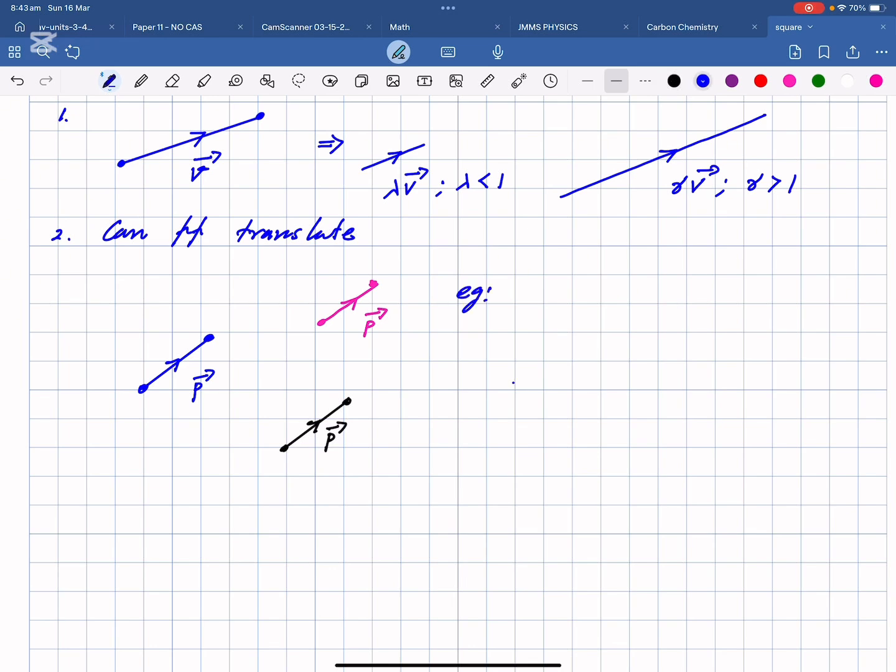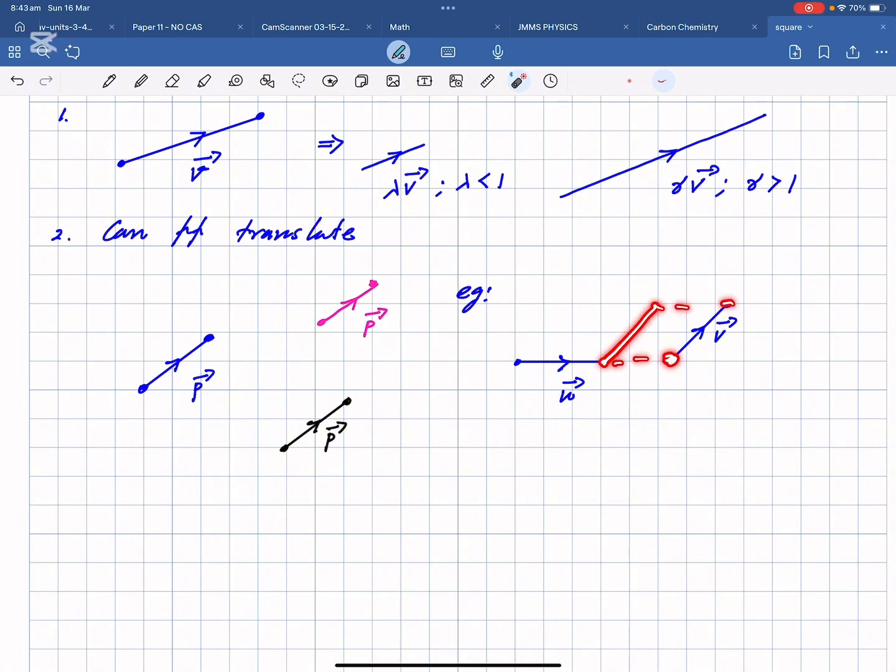Example. Suppose you have something like this. Suppose you have a u vector here. You are going to have a v vector here. Right? So they are sort of separate right now. Now if you want to, you can bring this one in here. This one you can place on here and make it like that. Why?